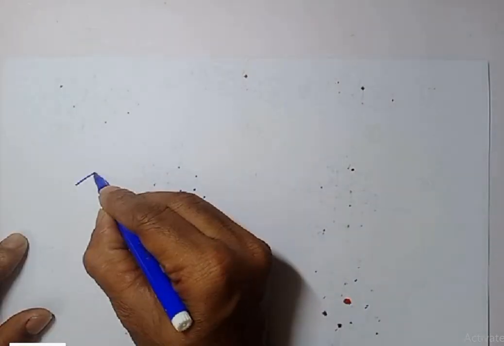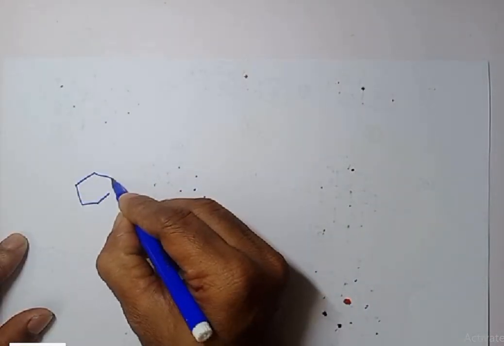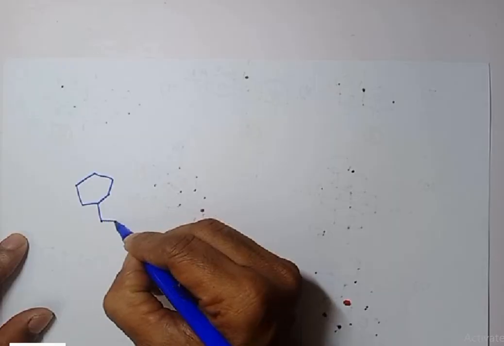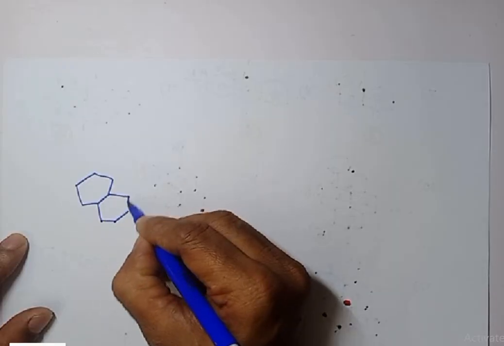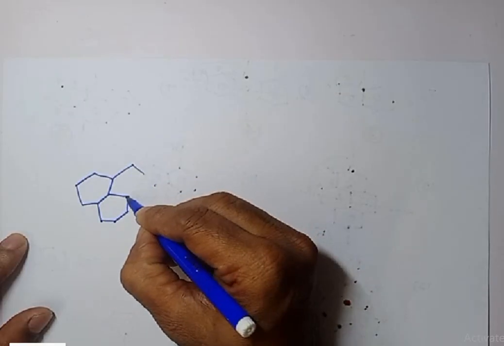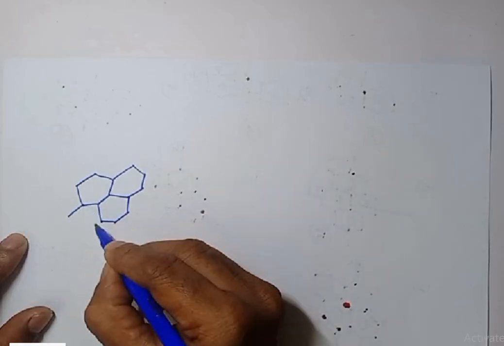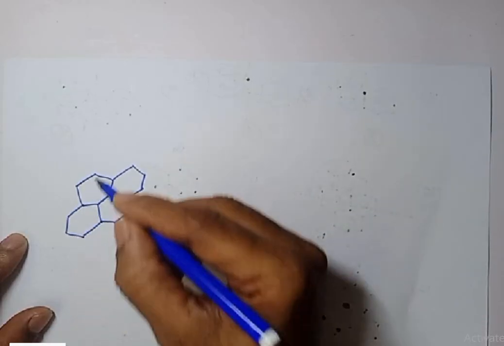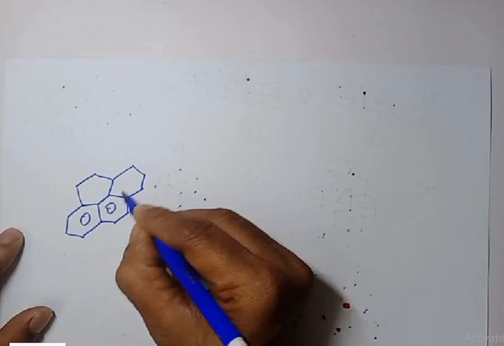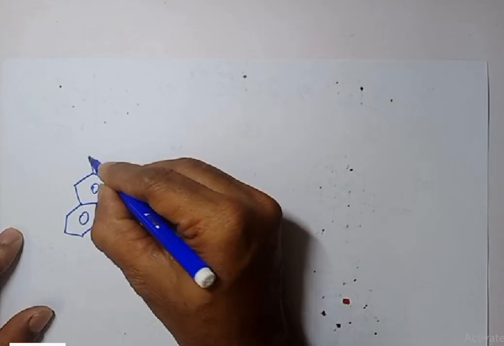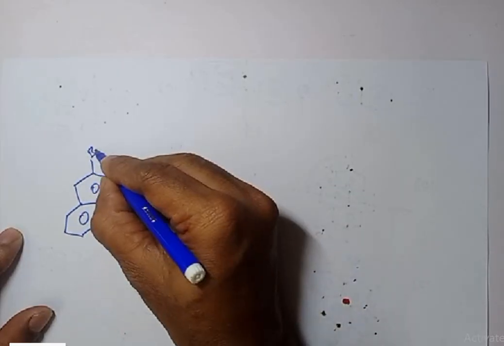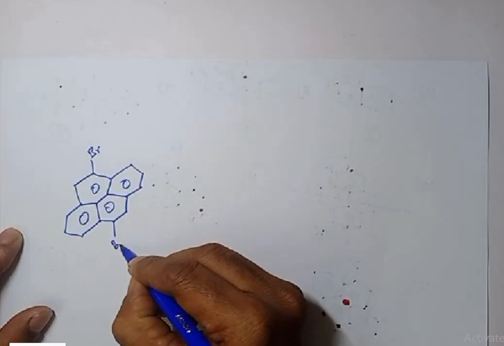Listen. Let me redraw the structure of the pyrene substituted compound. Aromatic. And we have a bromine here, Br, and another bromine here.